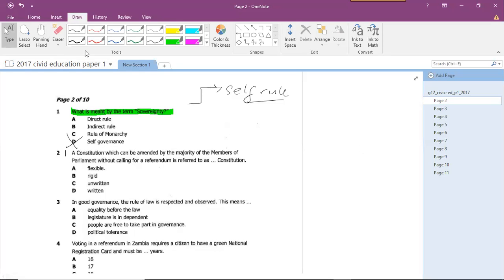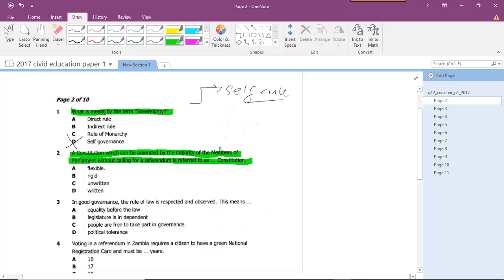So question 2, let's read question 2 and try searching for the answer using the textbook, even if I'll explain the answer. So a constitution which can be amended by the majority of the members of parliament without calling for a referendum is known as a dash constitution.